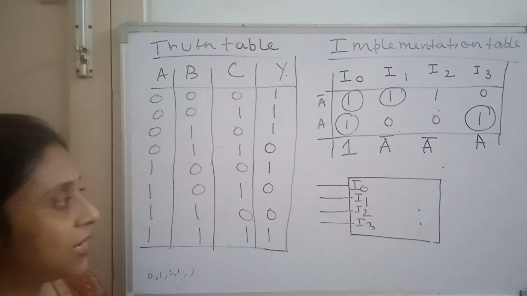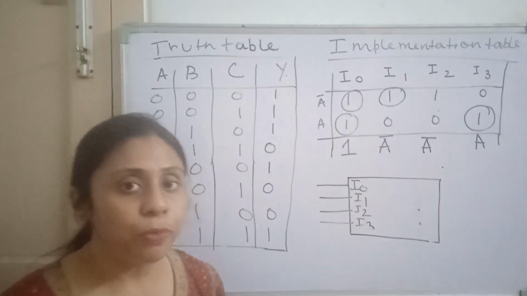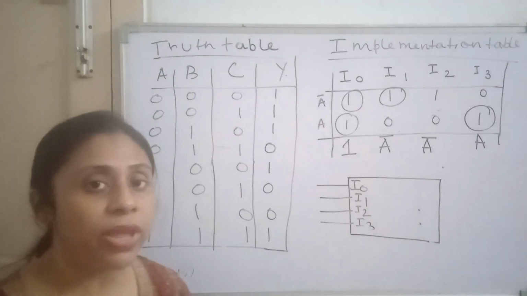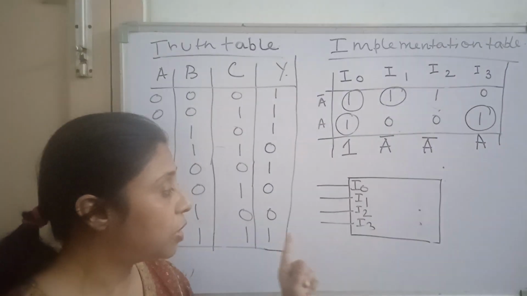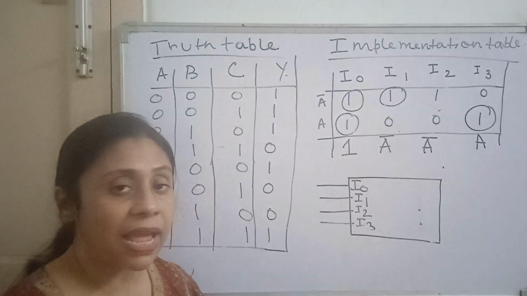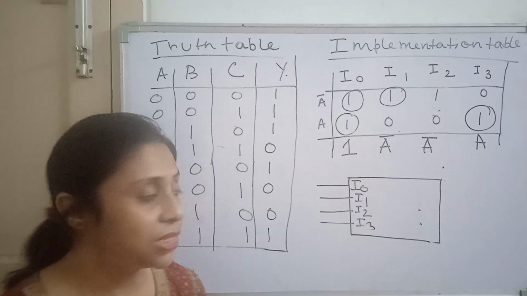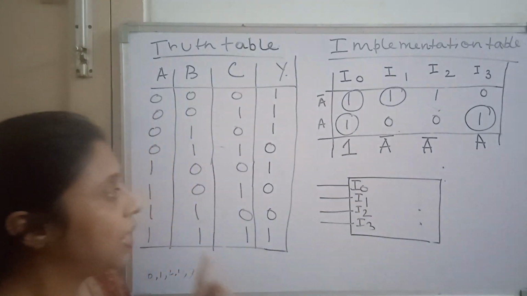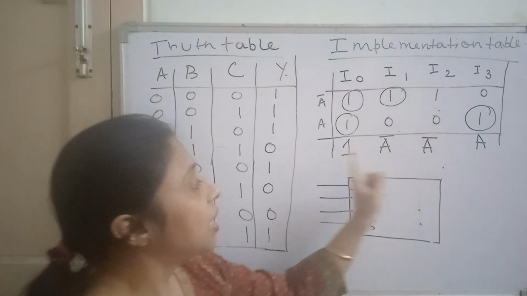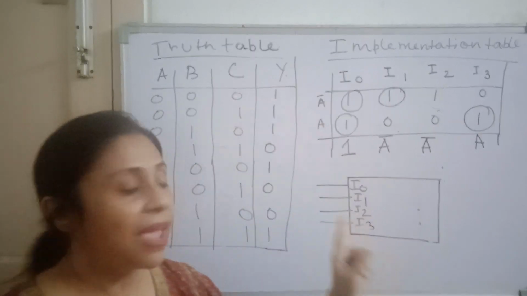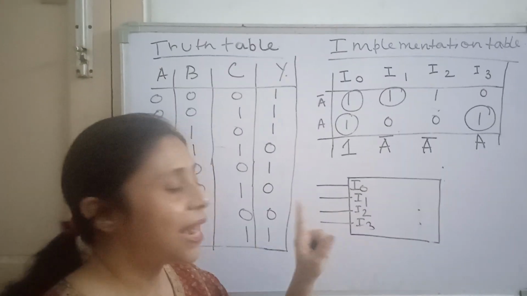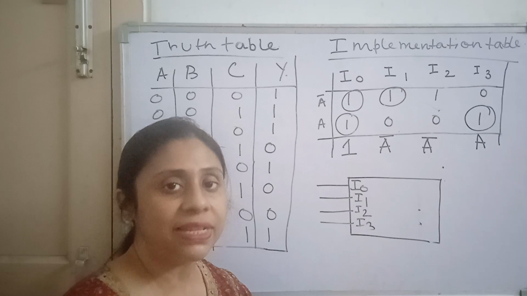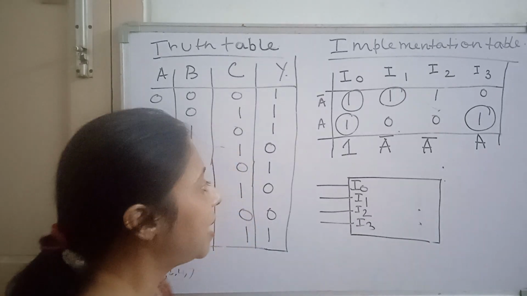Now, for select lines we will use 2 input variables, and for input lines we will use another 1 input variable. Here we will use the input variable A at input lines and the other 2 input variables B and C at select lines, right?